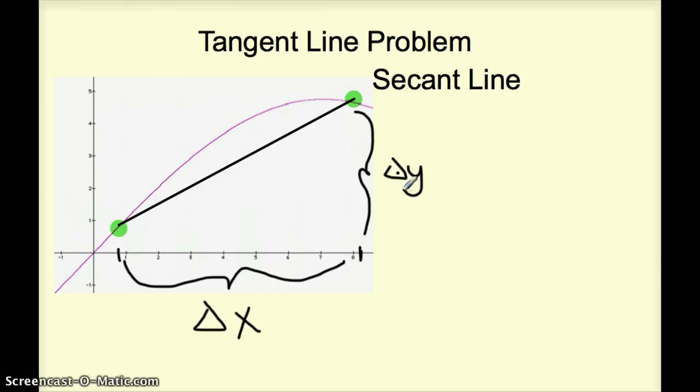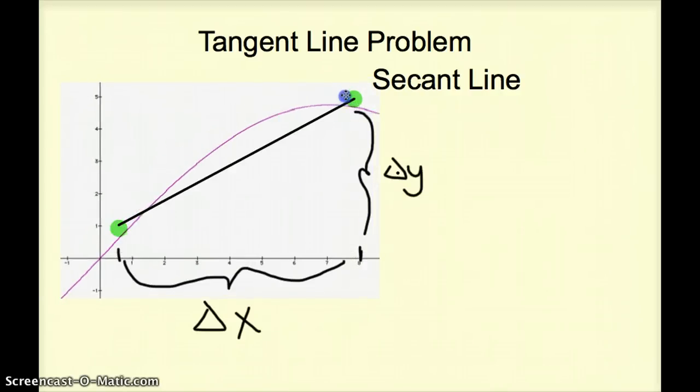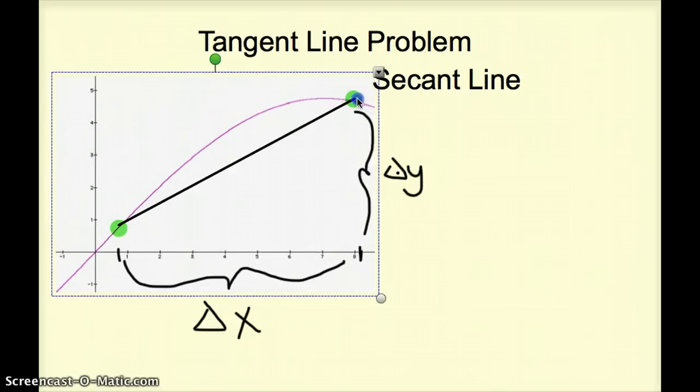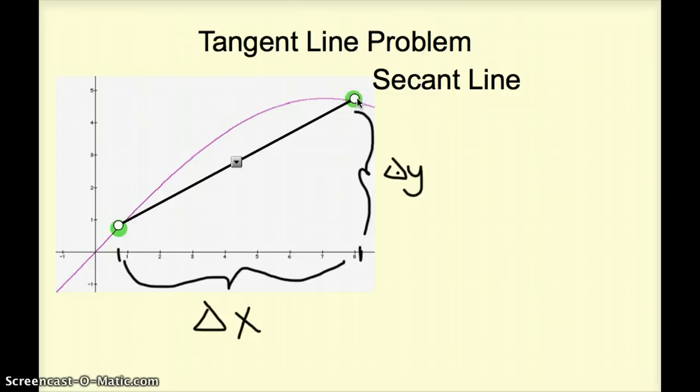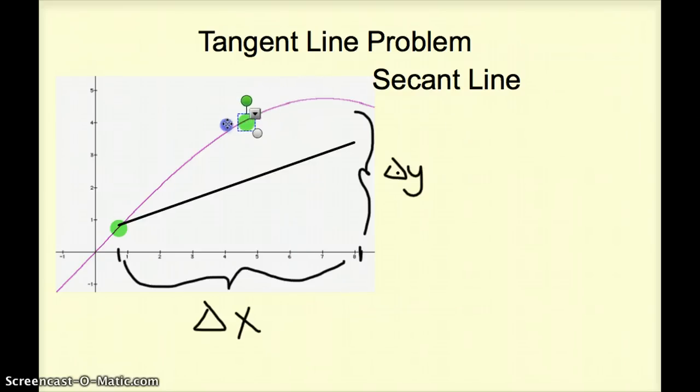Well, what the tangent line problem is doing is saying, okay, I can find the slope, but what happens as I move these dots closer together? So let me take this line and move this dot right here down a little. If I do that and I connect the dots, does the slope of your secant line change, or does it remain the same?